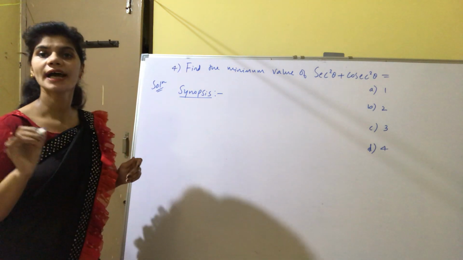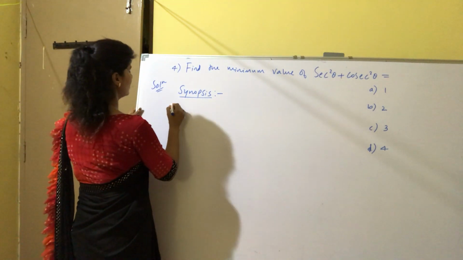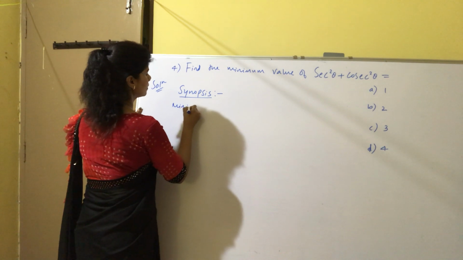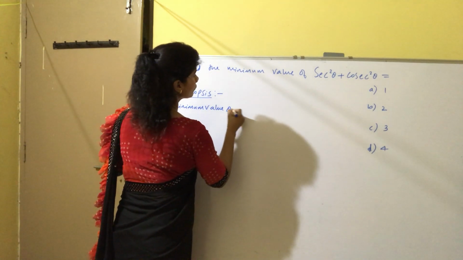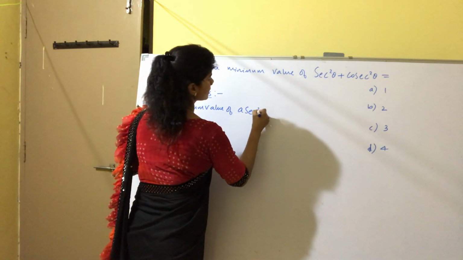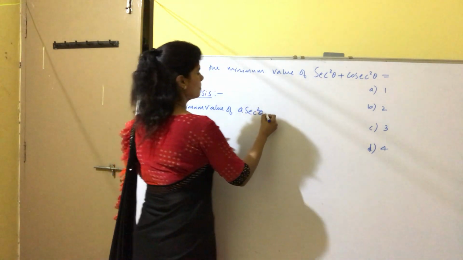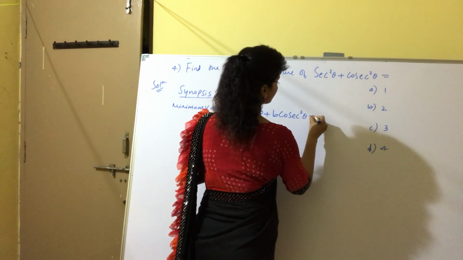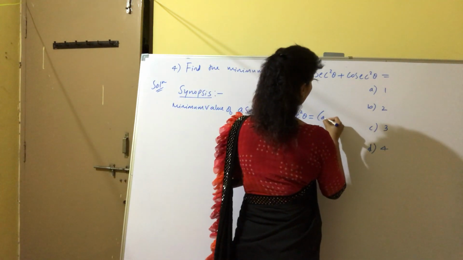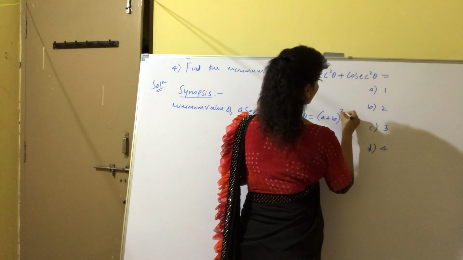The minimum value of a sec square theta plus b cosec square theta is equal to a plus b whole square.